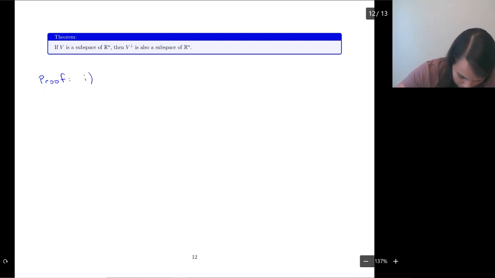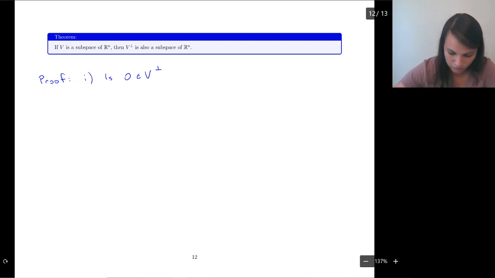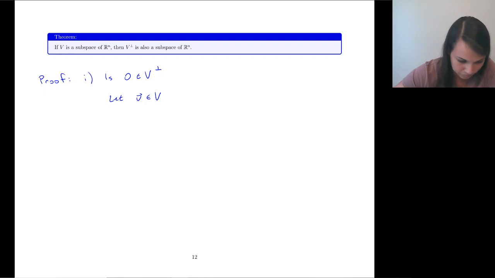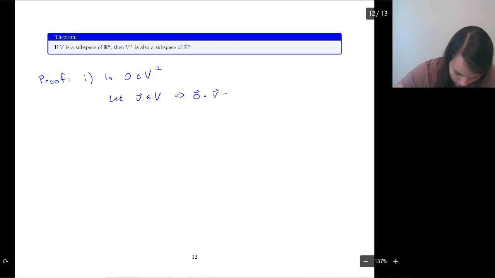Okay. So, first question. Is 0 in V perp? Well, we're going to start with a V that is in V, and we're going to figure out if 0 would be orthogonal to it. So the 0 vector dotted with this vector is just going to be 0.